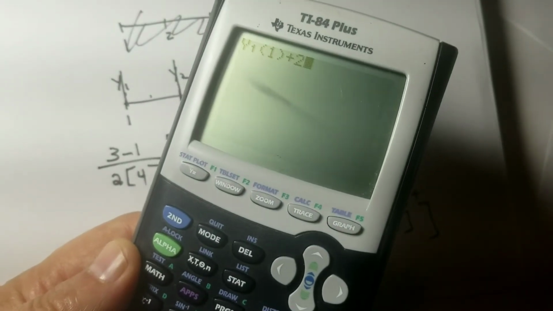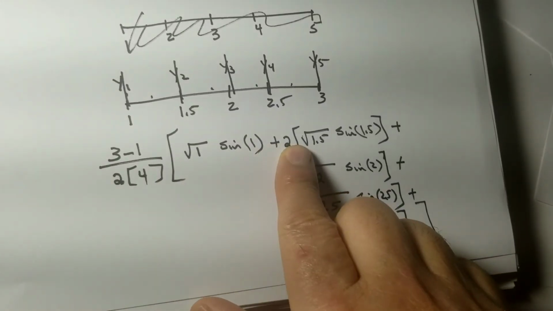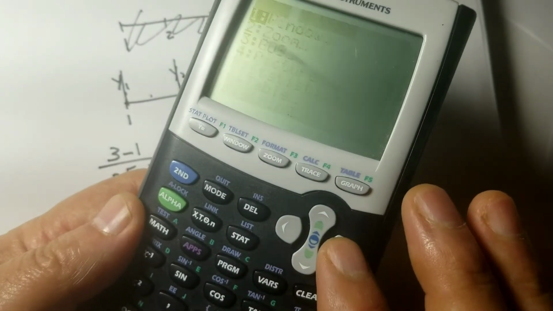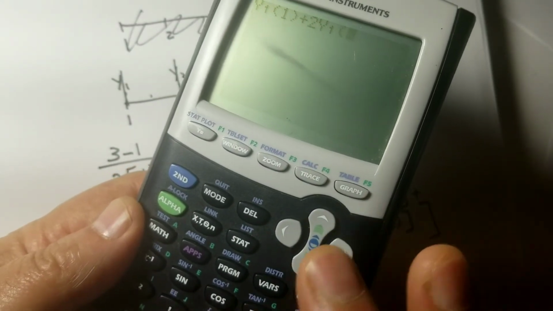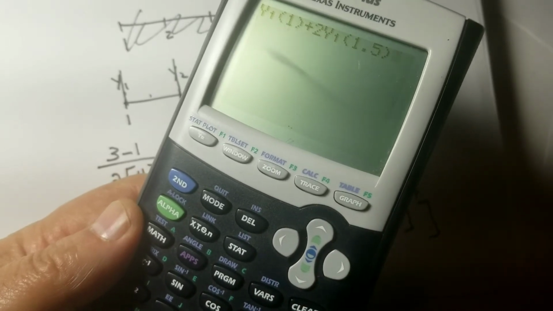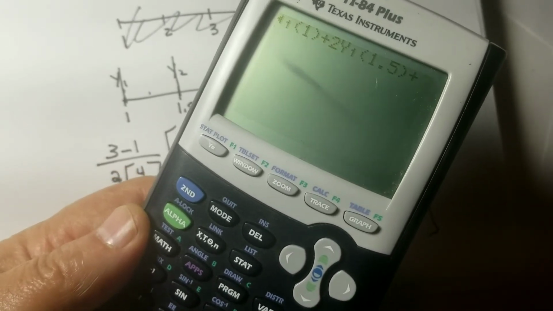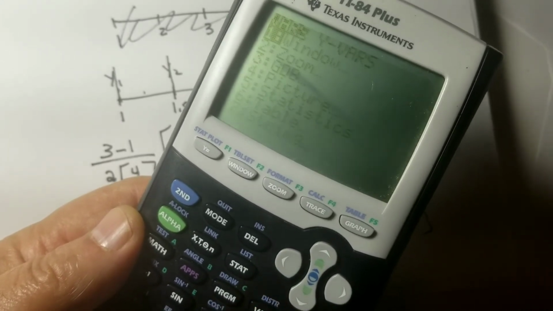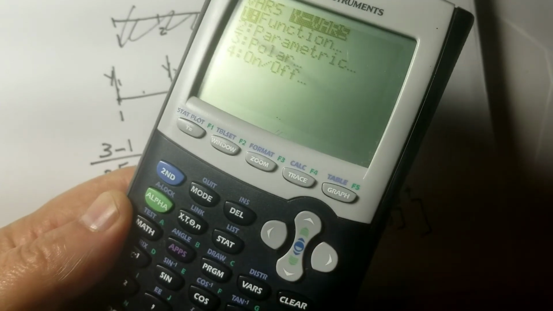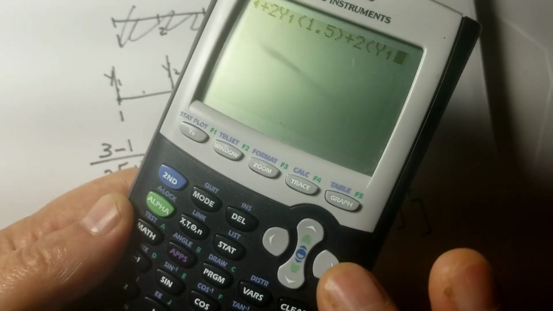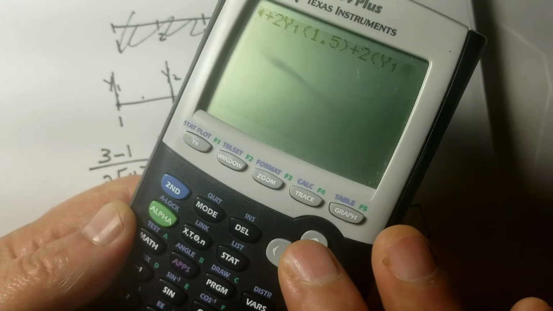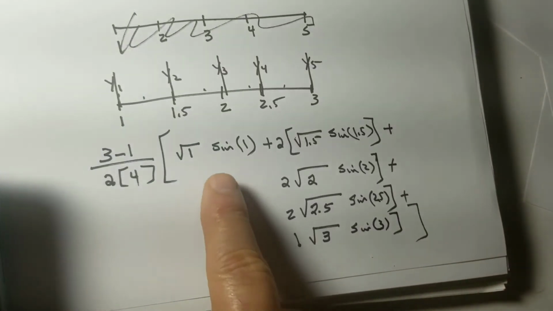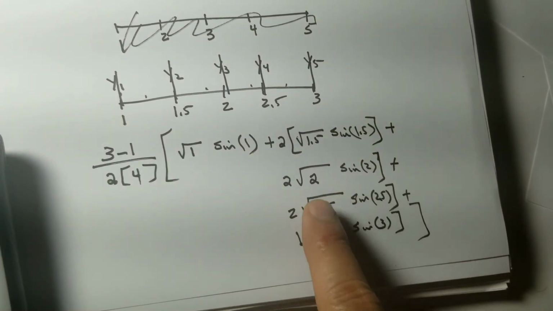Plus, how many y2 do you need? You need 2 of. I'm going to put this one into what? I go to variables, y variables, function, and put 1.5. Plus 2 times variables, y variables, function, y1. But what am I going to put in y1? 2. Do you see? I'm doing exactly those. 1, 1.5, 2.